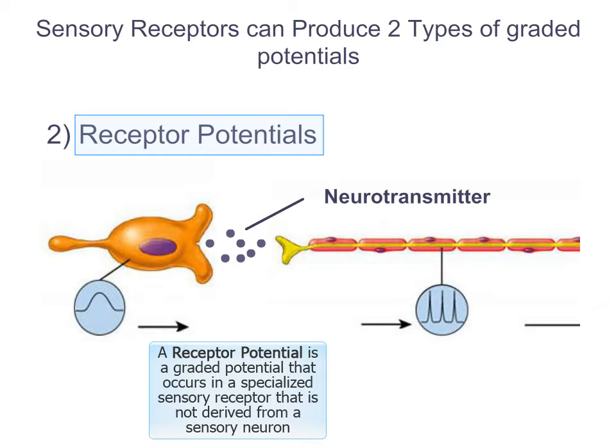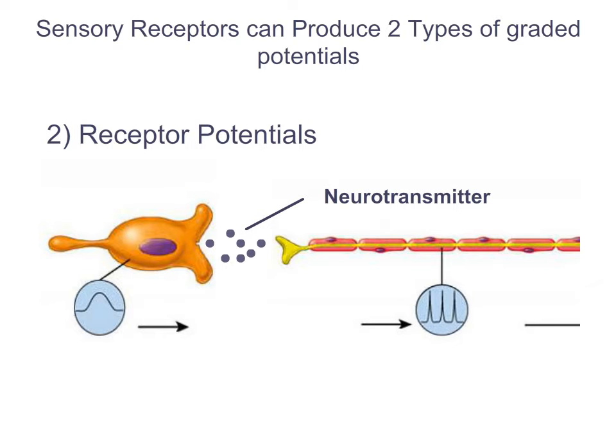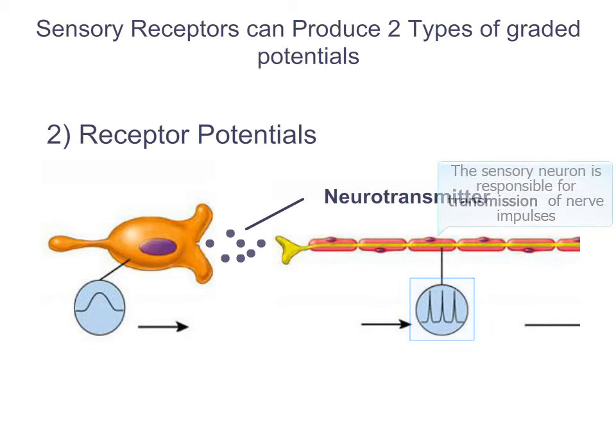It does the process of transduction, but it can't do the process of transmission. Instead, after forming that receptor potential, the receptor cell will secrete neurotransmitter, which travels across to the afferent sensory neuron. If enough of that neurotransmitter travels across to the sensory neuron, that sensory neuron will then fire off action potentials and transmit those impulses towards the central nervous system.